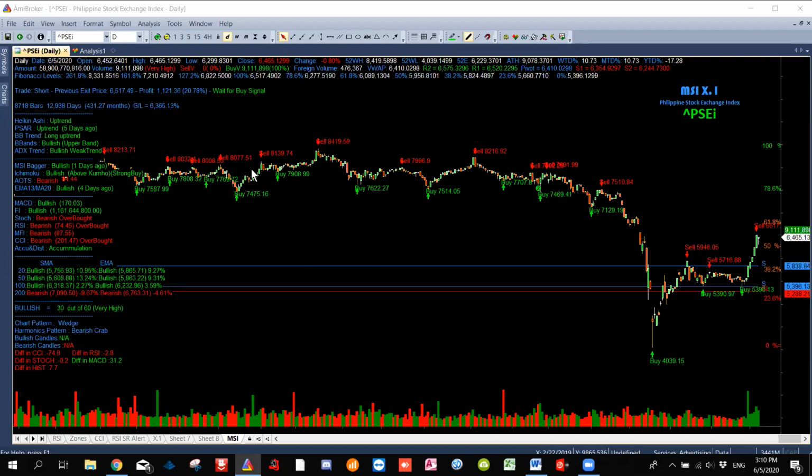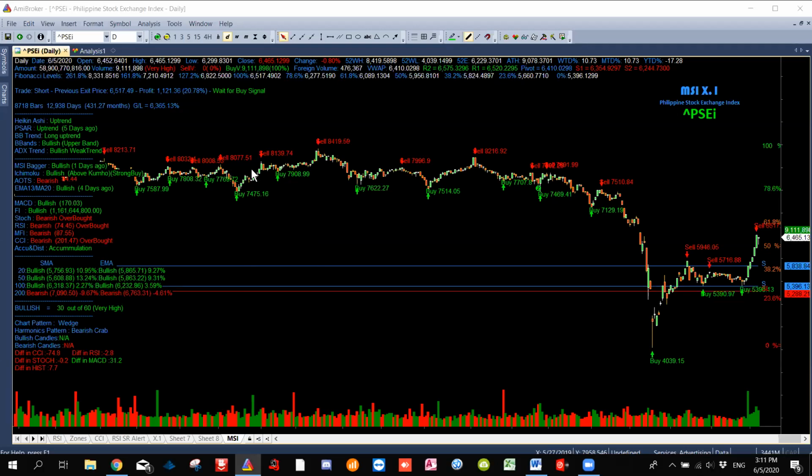So importante din na malaman mo yung amount kasi sa stock market, maraming iba't ibang stock na pwedeng yung volume niya is millions, 1 million, thousands, hundreds, maraming varieties, no?